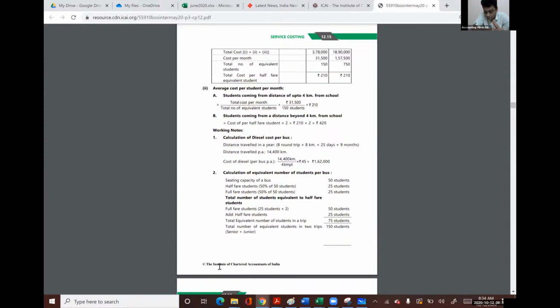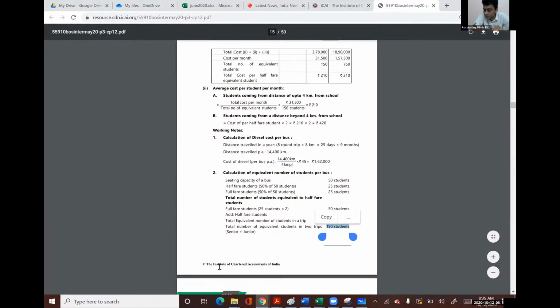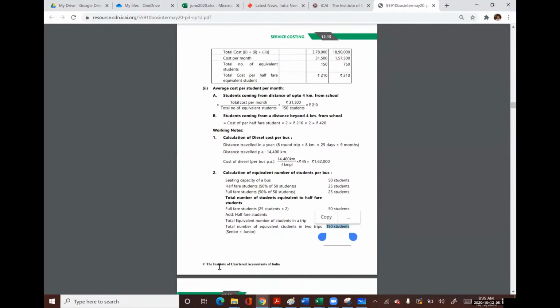So now for junior and for senior, there are two trips. So it becomes 150. Does that make sense to you guys? Or you can simply do it like this also. 31,500 divided by half, because this is the cost for all the four trips, going back for juniors, for seniors.